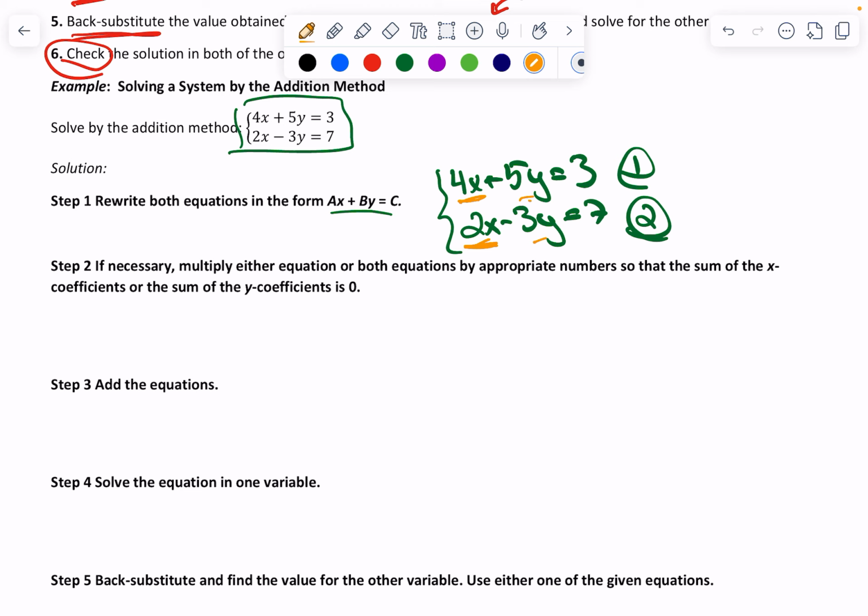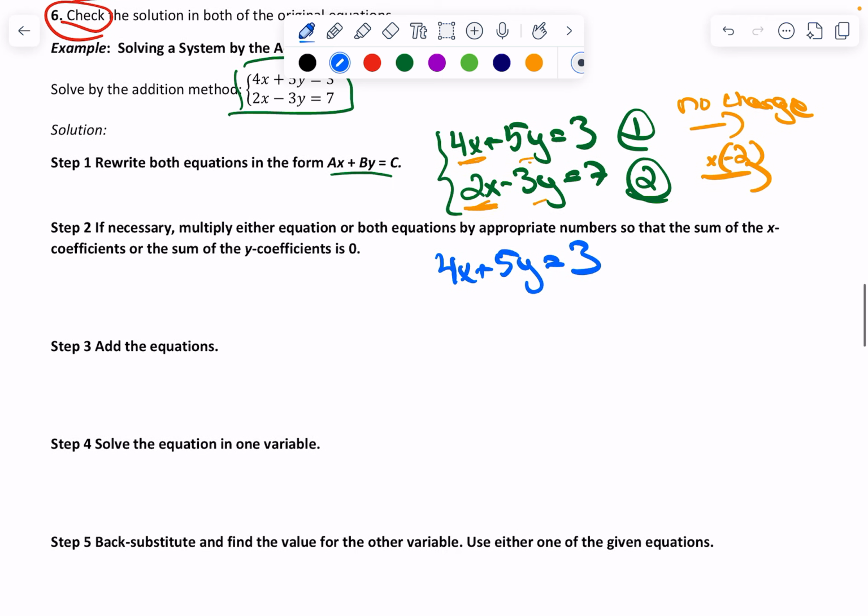We get a 0. So for the first one, there is no change. For the second one, we are multiplying the whole thing by negative 2. So what we end up with is 4x plus 5y equals 3. That does not change. That's our first one.